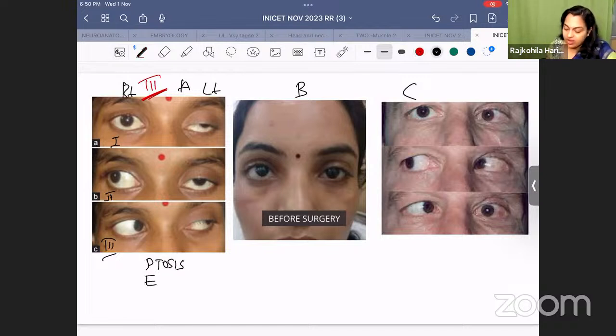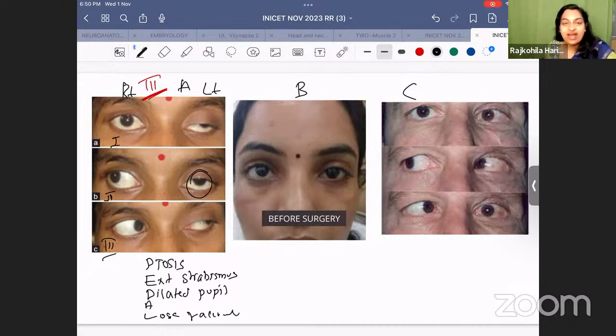And then you can remember it, PEDAL, features of third nerve injury. External strabismus due to injury to the medial rectus. Medial rectus is supposed to adduct. If it's paralyzed, the patient will not be able to adduct the eyeball as you see here, right? And D for dilated pupil, because of paralysis of the sphincter pupillae, and loss of accommodation due to paralysis of the ciliaris muscle.